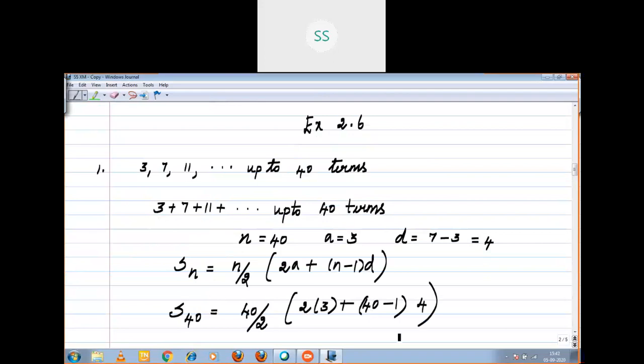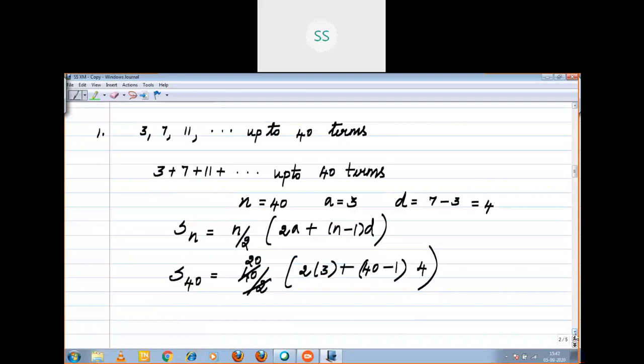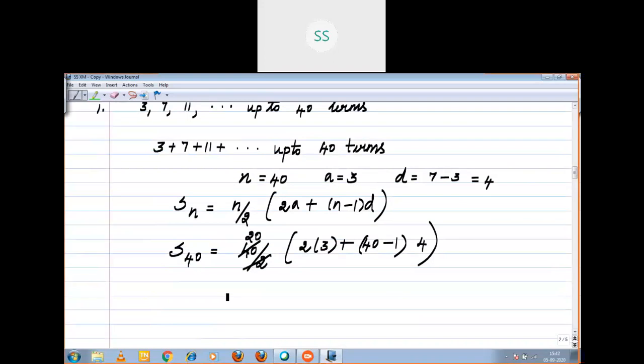Now, 2 20s are 40, got it? Now you see, which is equal to 20 into 6 plus 39 into 4.